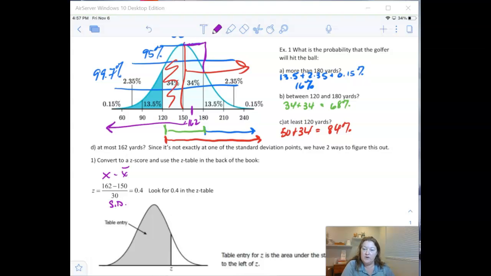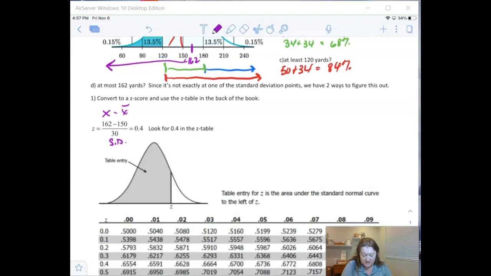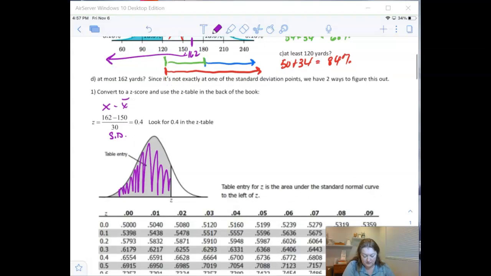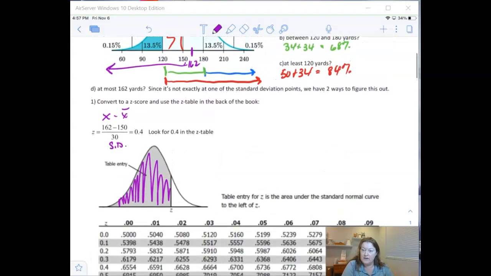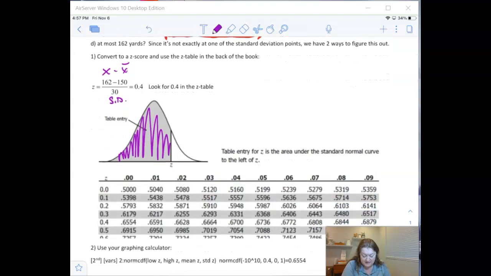Okay, so when I go and look at the table, it will only give me numbers as what's shaded, which always starts at the left and goes up to the point you ask it to. So I'm going to go look for 0.4 because that's exactly what I want. I want less than, up to, and including 162. Here is the 0.4 row. So this would be where 0.40 is. This is where 0.41 is. This is where 0.42 is.